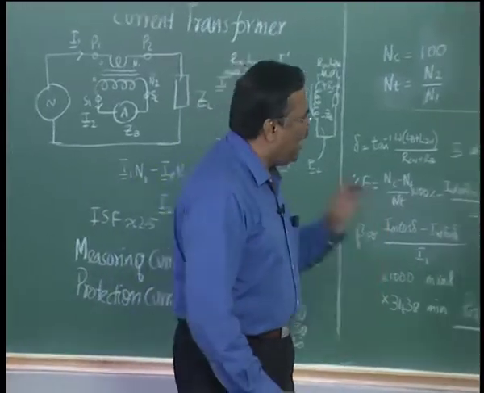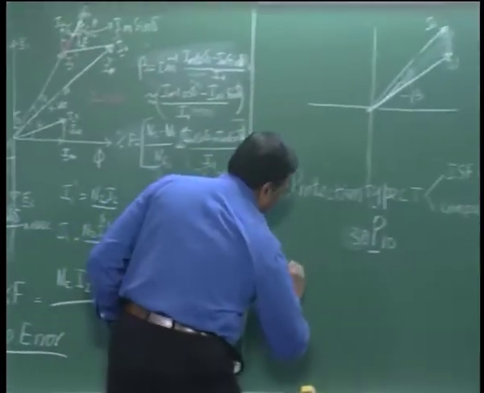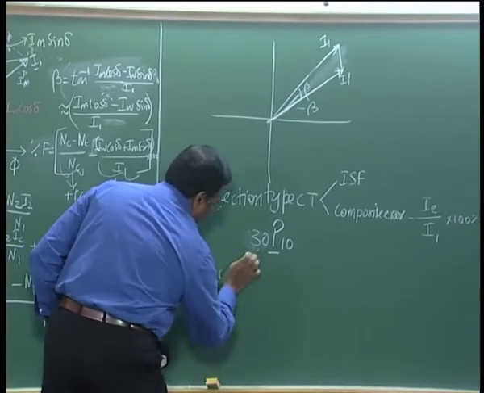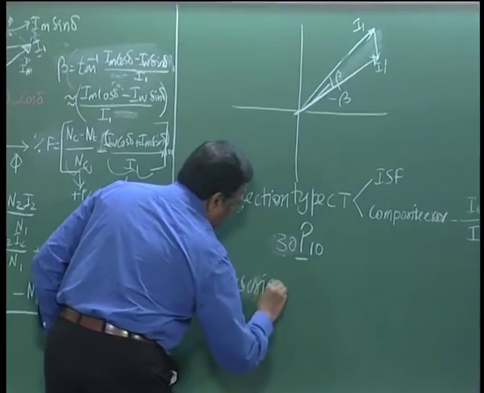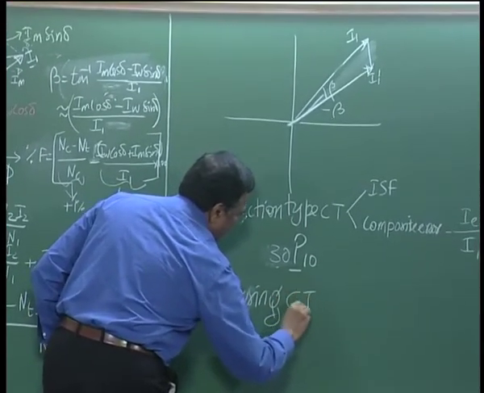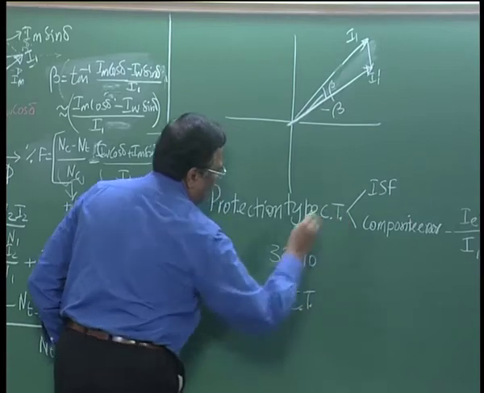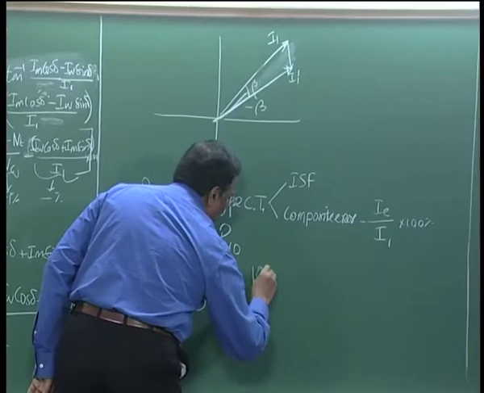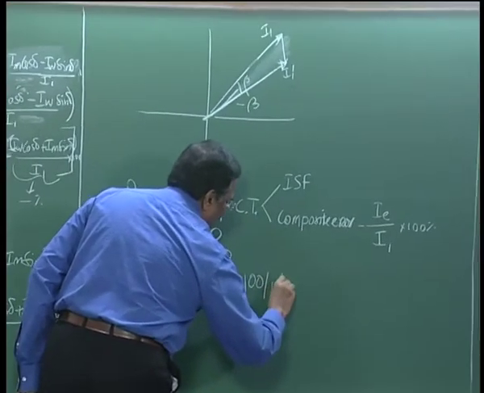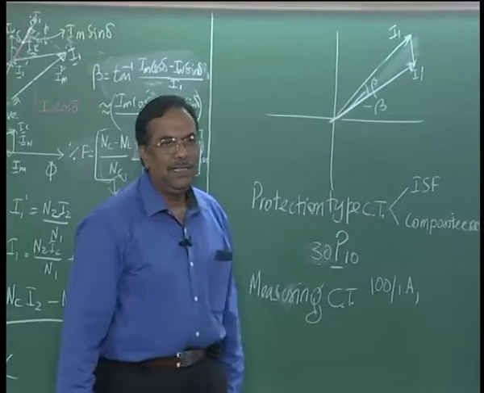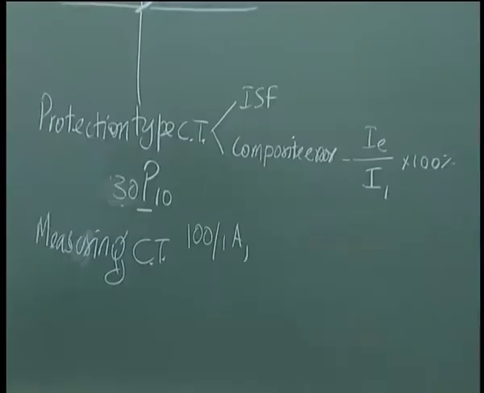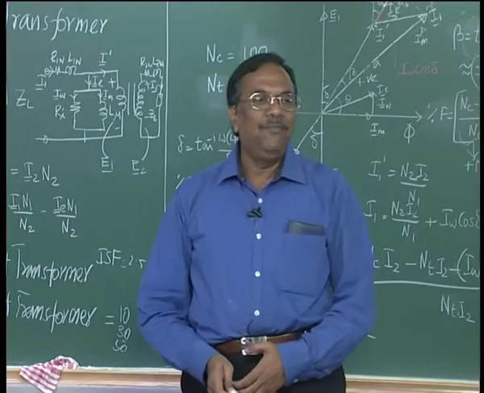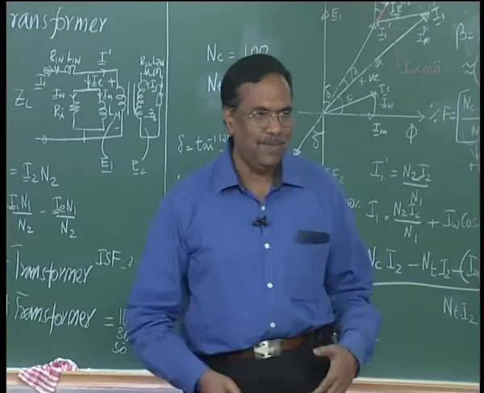So, if I look at the measuring type current transformer, measuring CT, right, I have to give the nominal ratio 100 by 1 ampere, right. Then I have to specify what are the errors, right. So, the errors again have been standardized by the manufacturers.